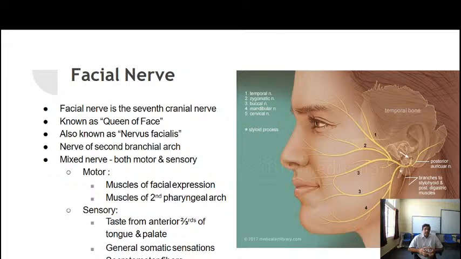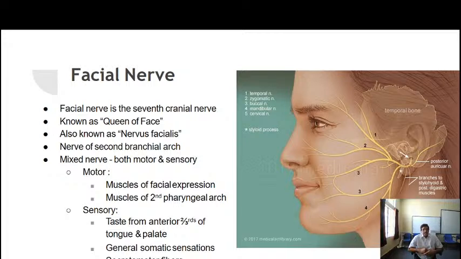The bones are the stapes and the styloid process, and then you have the lesser horn and the body of the hyoid. So these are the structures in relation to the second branchial arch, which is called the hyoid arch.